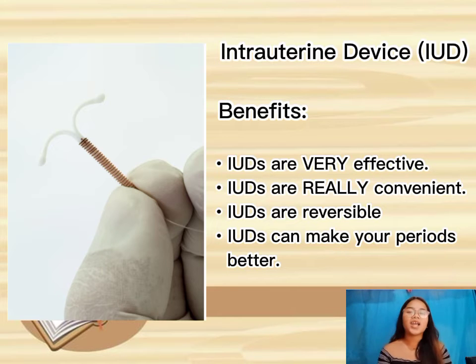Fourth, IUDs can make your periods better. Hormonal IUDs can cut down on cramps and make your period way lighter. Some people totally stop getting periods at all. Hormonal IUDs can help treat people who suffer from severe cramps, really heavy periods, and anemia.